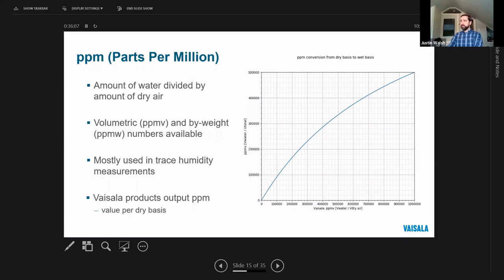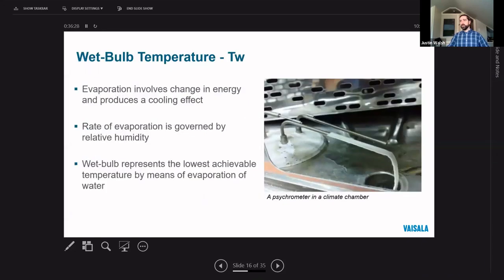Like the mixing ratio, Vaisala instruments use the dry basis for our values. The wet basis would be to incorporate the weight of the water vapor also. This parameter is most often used in extremely dry applications where only a few ppm are being measured of water vapor.